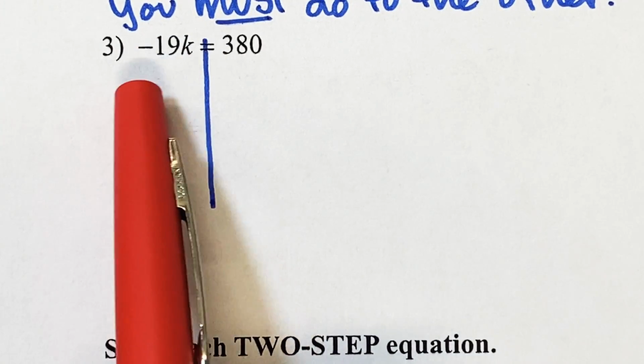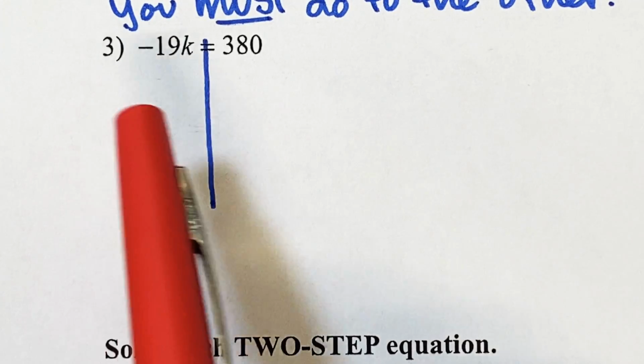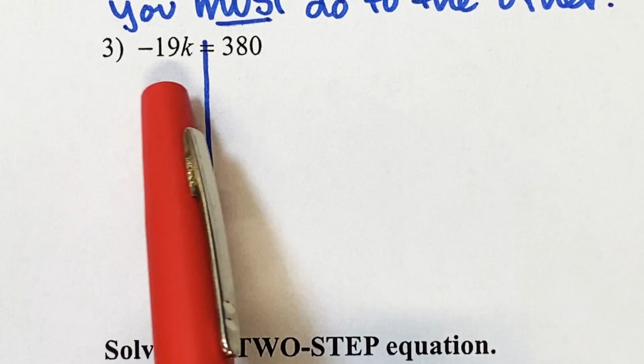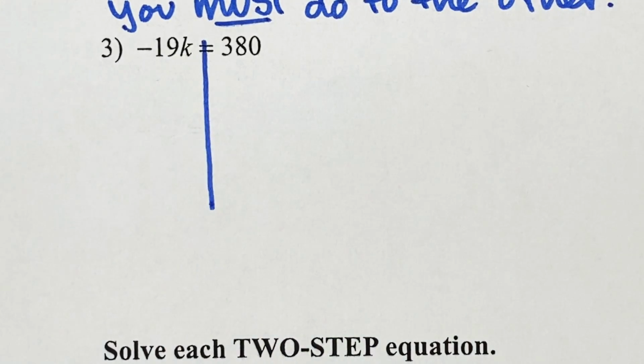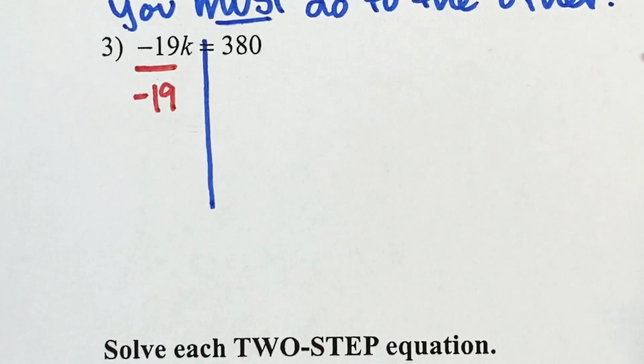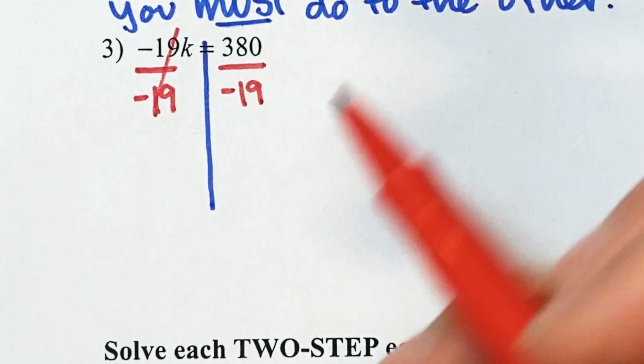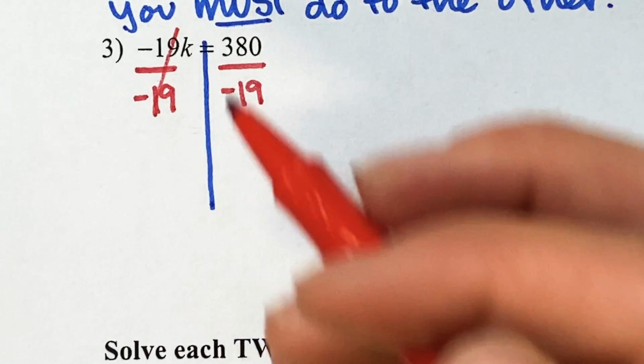This is negative 19 times k, or times by negative 19. Okay, so we have to undo times by negative 19. So what's the opposite of times by negative 19? Okay, we divide by negative 19. Okay, that cancels that out. We have to do the same thing, okay, including the sign always.